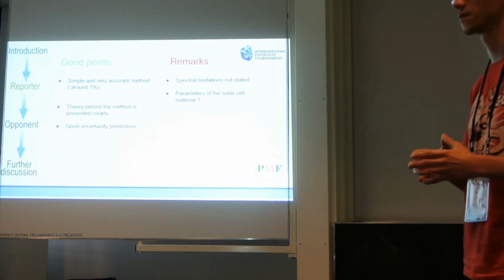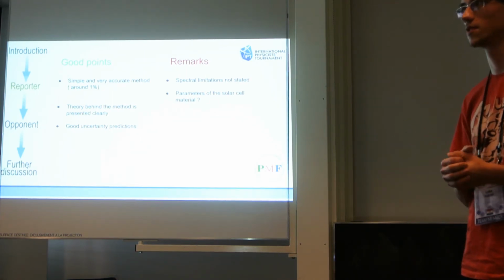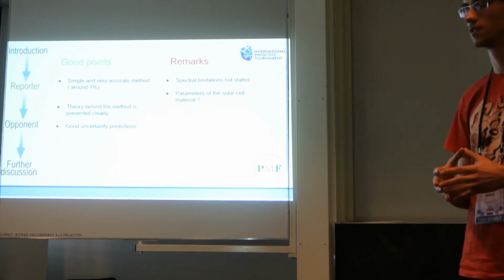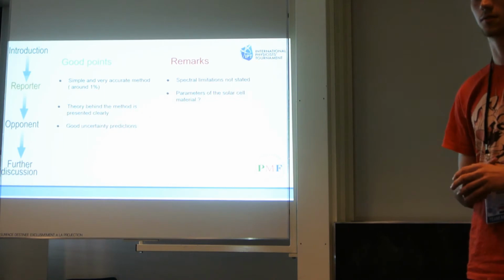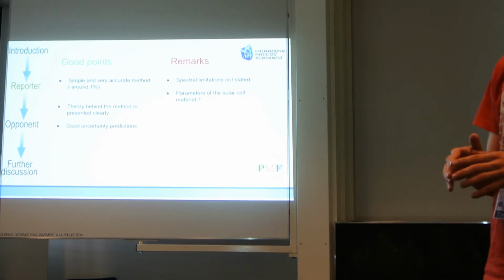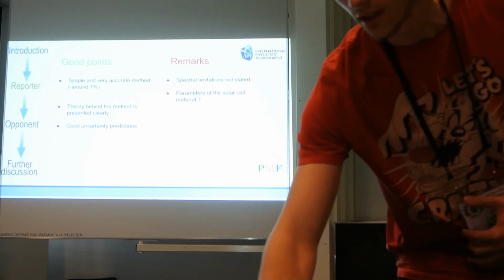It is maybe not clear from this problem statement if those parameters mentioned are the parameters which you talk about, or the parameters of the solar cell. Let's say maybe some defects in the solar cell or something like that.